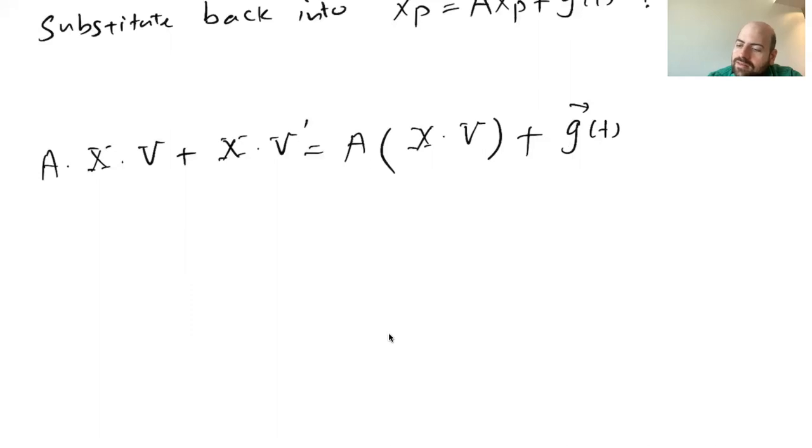Now, the good news is AXV cancels out with AXV on the right-hand side. I can cancel this term with this term. Then I'll be left with X V prime equals g of t.